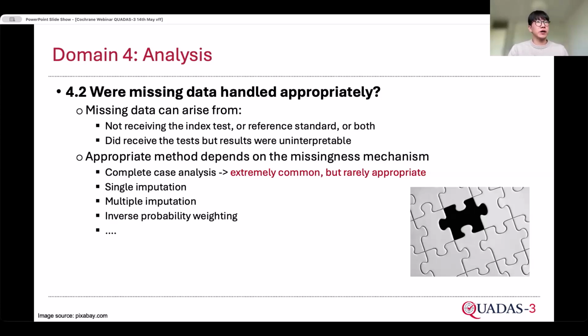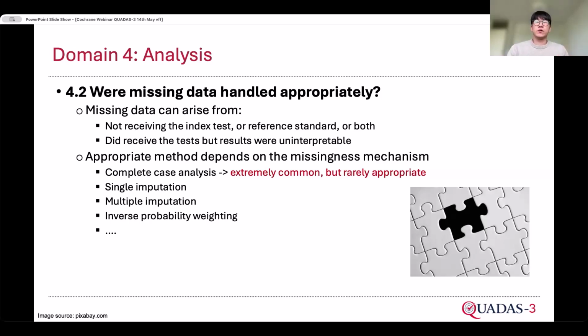In some diagnostic test accuracy studies, we see that they do single imputation, so they just fill in likely values for missing data, but only for a single data set. Usually what is considered more appropriate, recommended and rigorous is multiple imputation, where you try this imputation for multiple data sets and then you combine or pool the results.